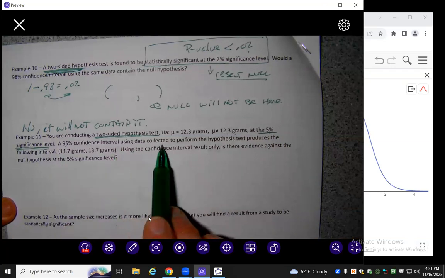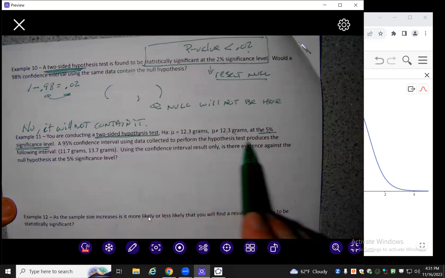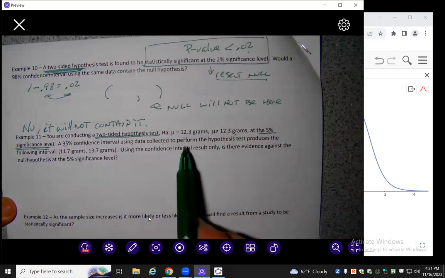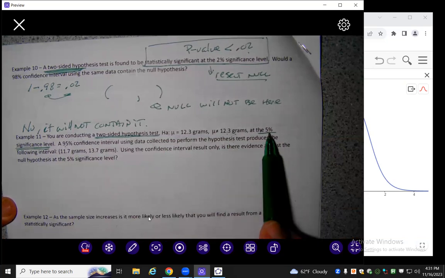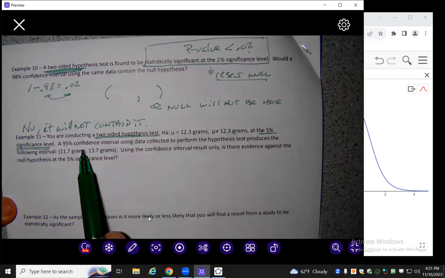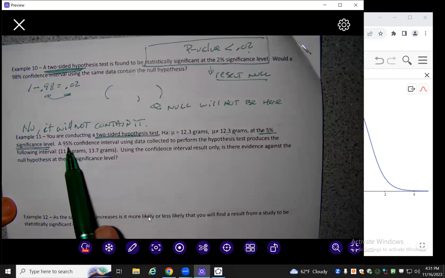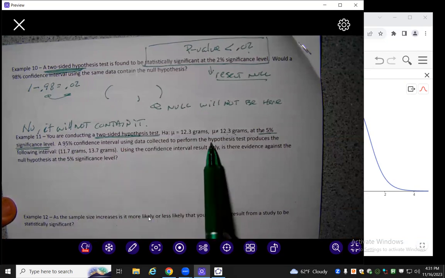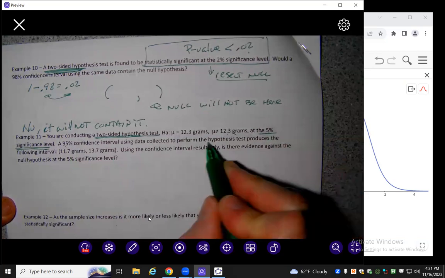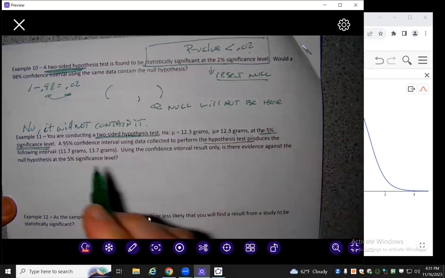Using data collected to perform the hypothesis test produces the following interval. So what's happening is we're conducting a hypothesis test at the 5% significance level. And instead of doing that, we actually created a 95% confidence interval using the data. And here's our interval.